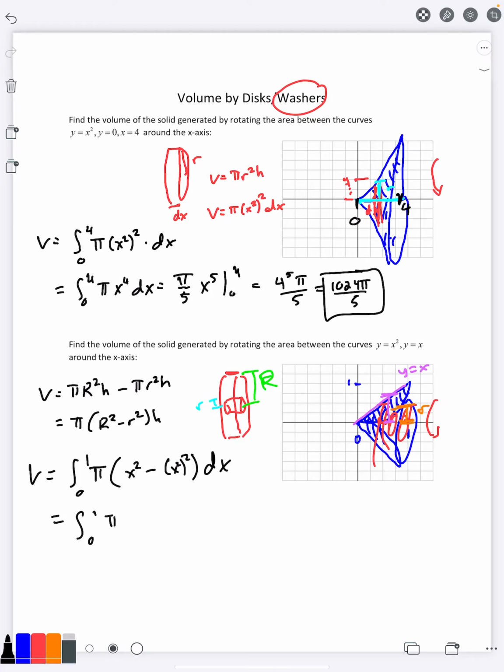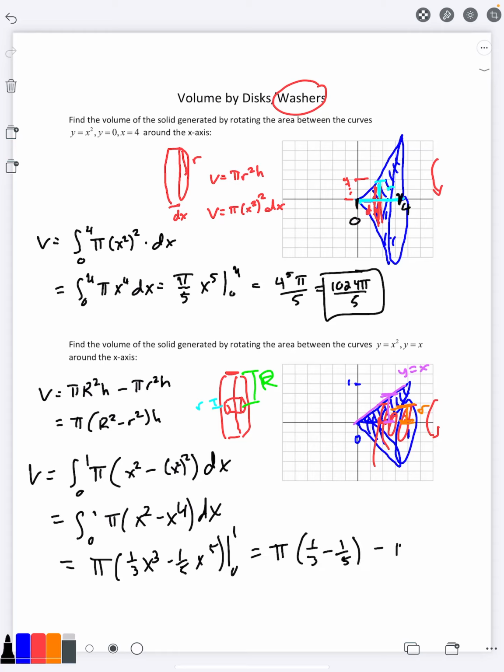So we get pi times the integral of x squared minus x to the fourth, which is 1/3 x cubed minus 1/5 x to the fifth, from 0 to 1 here. We're going to get pi times 1/3 minus 1/5, minus pi times 0. And that will give me 2 pi over 15.